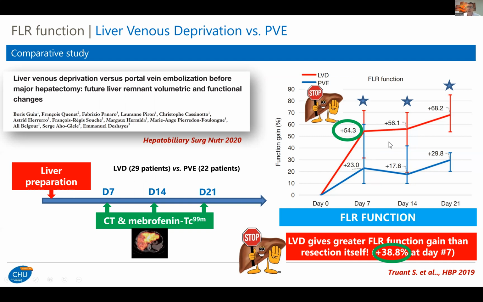But more interestingly, maybe, if you look at this figure, as early as 7 days after preparation, we got a little bit more than 50% gain in the future liver remnant function. And interestingly, the Lille team in France published the results of regeneration and recovery after hepatectomy itself, and using the exact same technique at the exact same time point, they got only a little bit less than 40% at day 7.